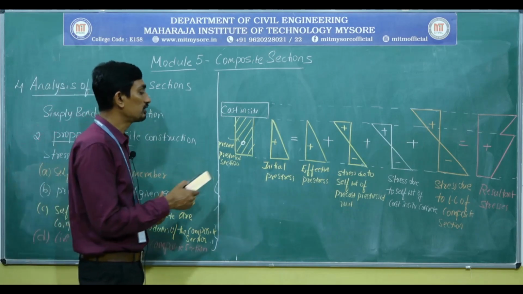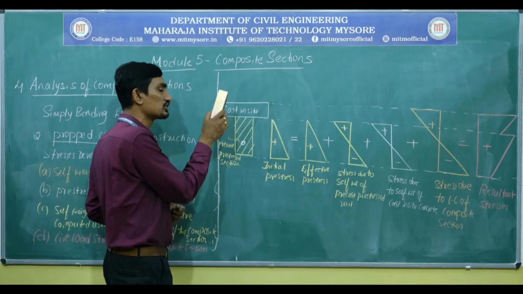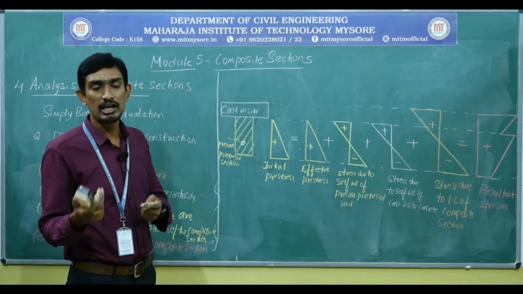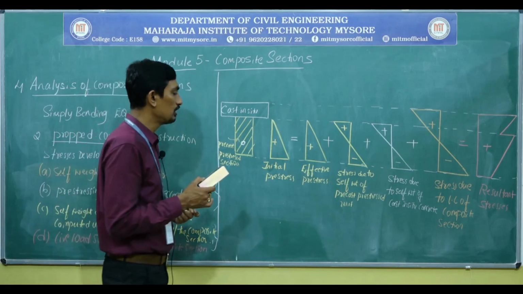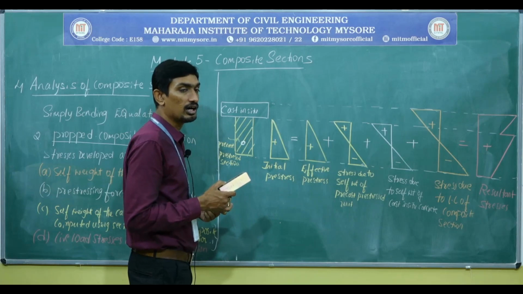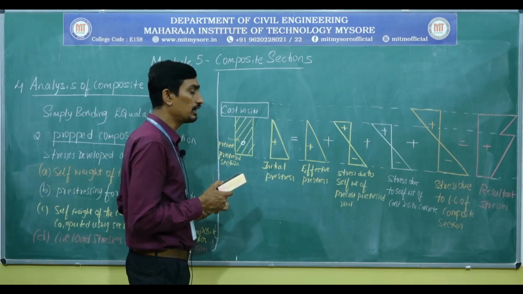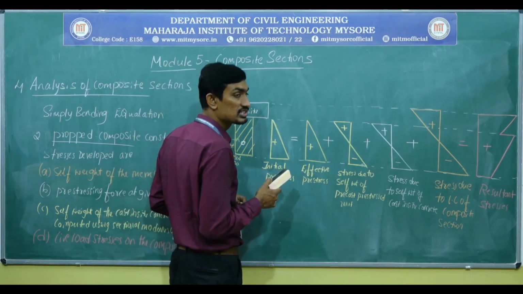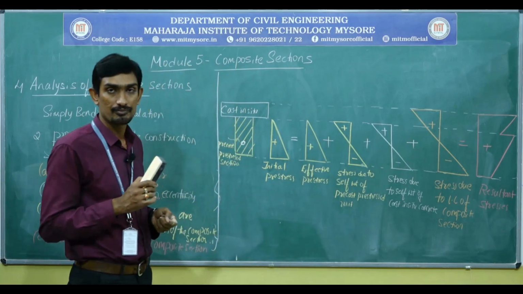Once the losses are encountered in the precast pre-stressed unit, due to creep, shrinkage, elastic deformation, all those losses, considering those losses, the finally left out or net pre-stressing force, based on that if I calculate the stresses, that is called effective pre-stress. Please note this.